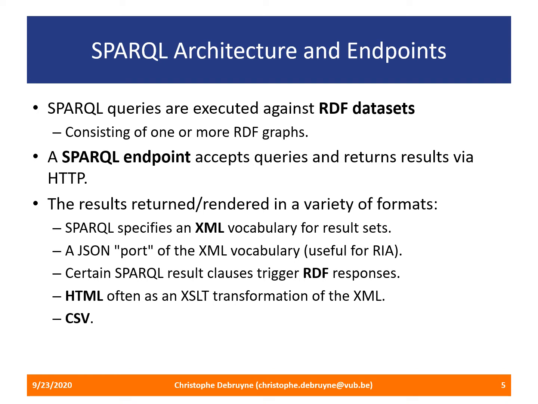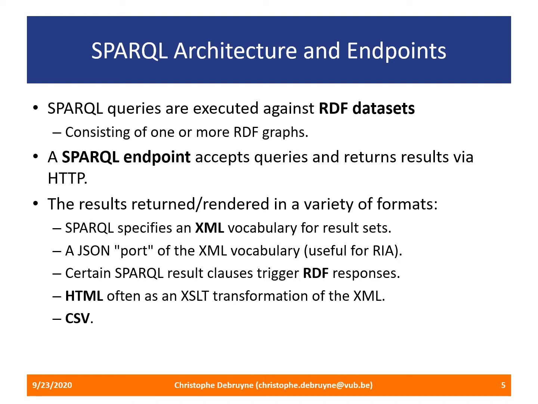For instance, SPARQL specifies an XML vocabulary for the result sets. And then for each result in the result set, values will be bound to the variable names. There is also a JSON port of that vocabulary, which is useful for rich internet applications. Important to note is that certain SPARQL queries, rather, result in responses that contain RDF rather than results.